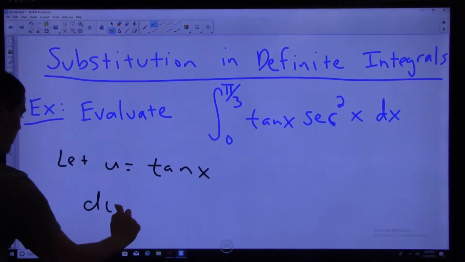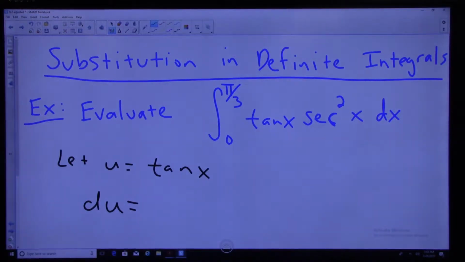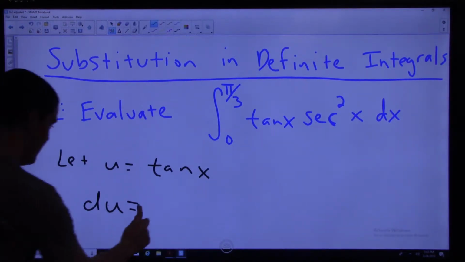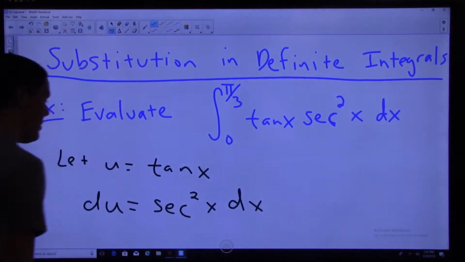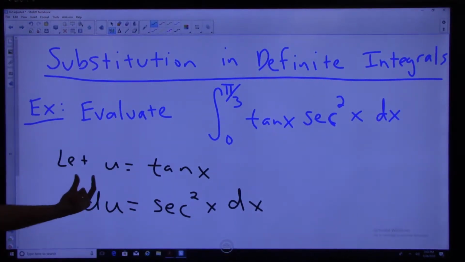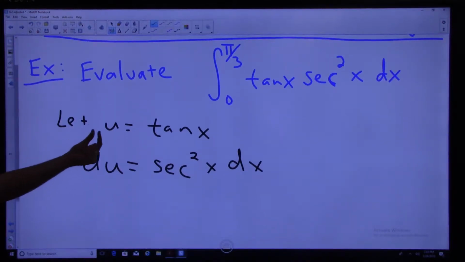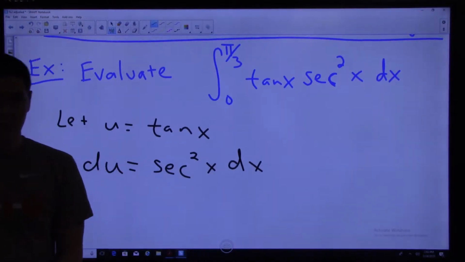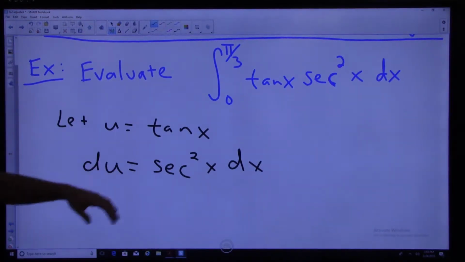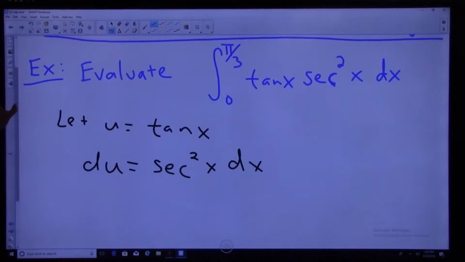Now du is going to be the derivative of tangent x, which is secant squared x dx. If I wanted to write this all out, I could write the derivative of u as du over dx, then solve for du by multiplying both sides by dx. So we get secant squared x dx. Let's keep going.